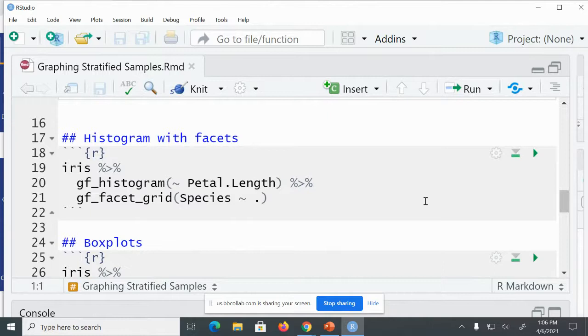And then we saw last time, to make a histogram with facets, we're going to use the gf_histogram function. And the argument inside there is squiggle and then the variable that we want on the x-axis.